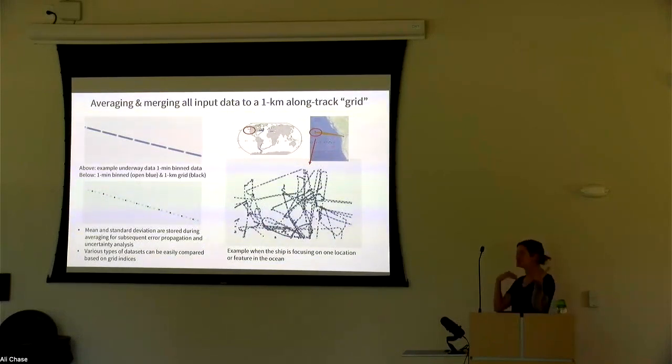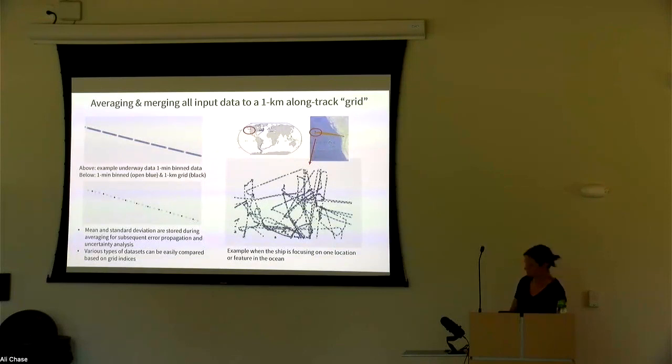We have the IFCB running all the time, collecting information about the community, but every 20 minutes, and then maybe we have to merge samples because there's not much in the water. Then we're going to link it to satellite, or include model input or reanalysis data as an input. This is just one approach. There are different ways to do it, but I'm using what I call a long track gridding method.